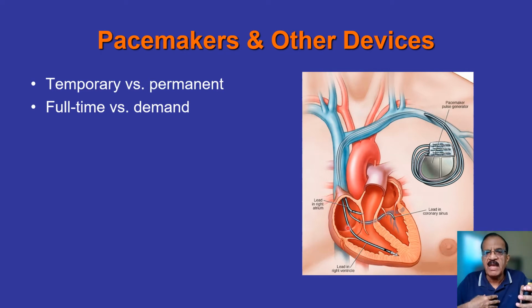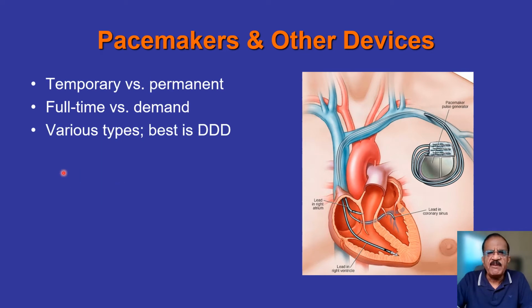The moment the heart takes over, the pacemaker will sense that and shut off again. And this is, number one, to prolong battery life, and number two, to avoid a fight between the pacemaker and one's own rhythm.